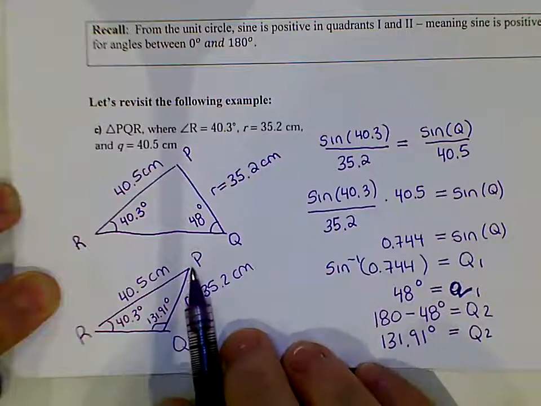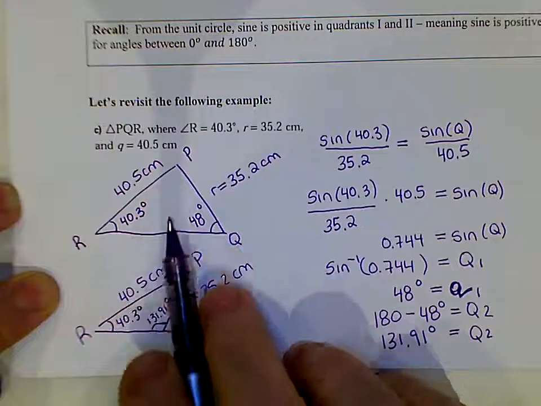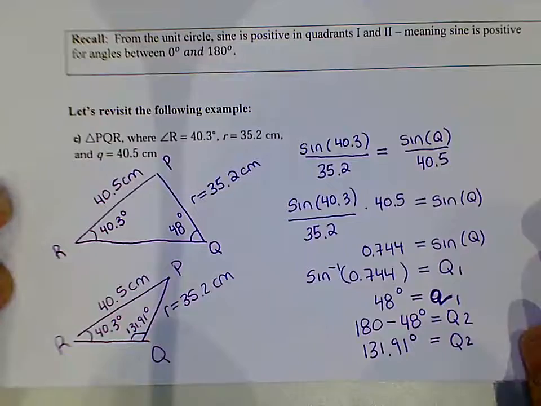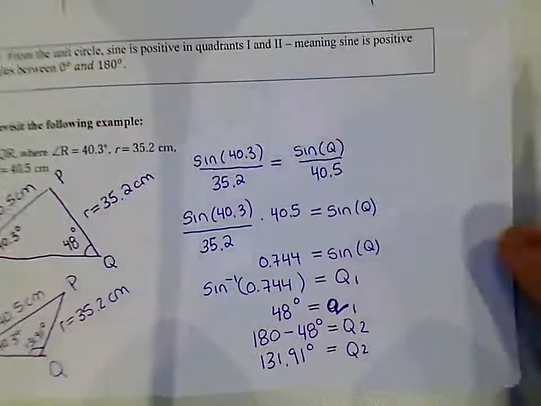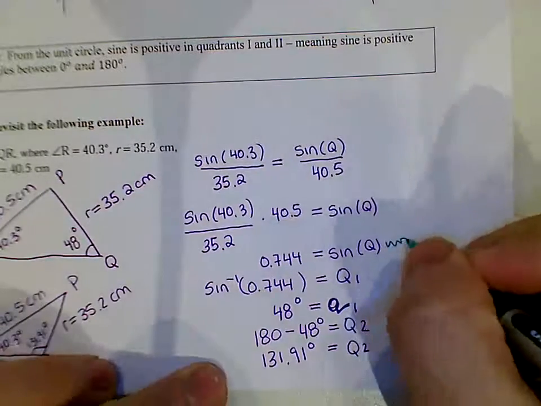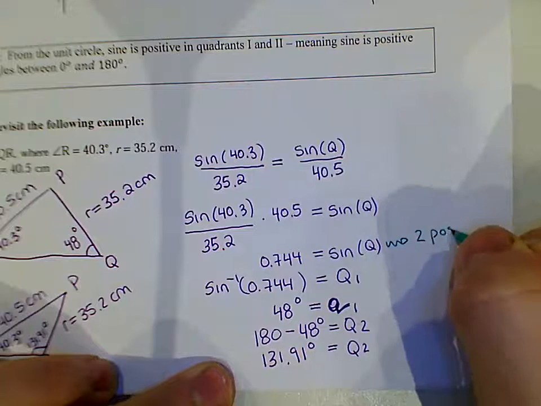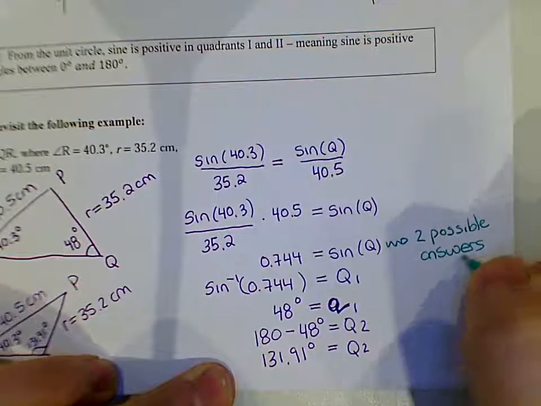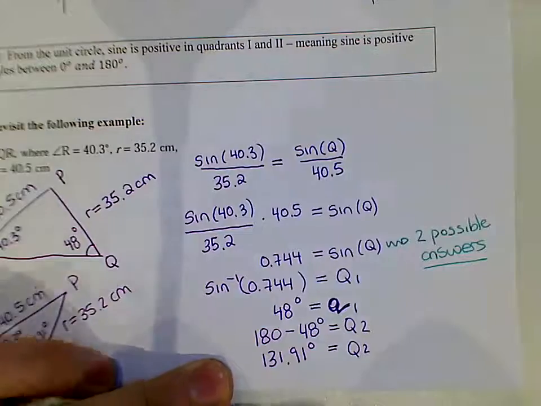And that's going to change this angle for P and the side length for P. And you could go ahead and figure those out after. Let me just make a note here that we have two possible answers.